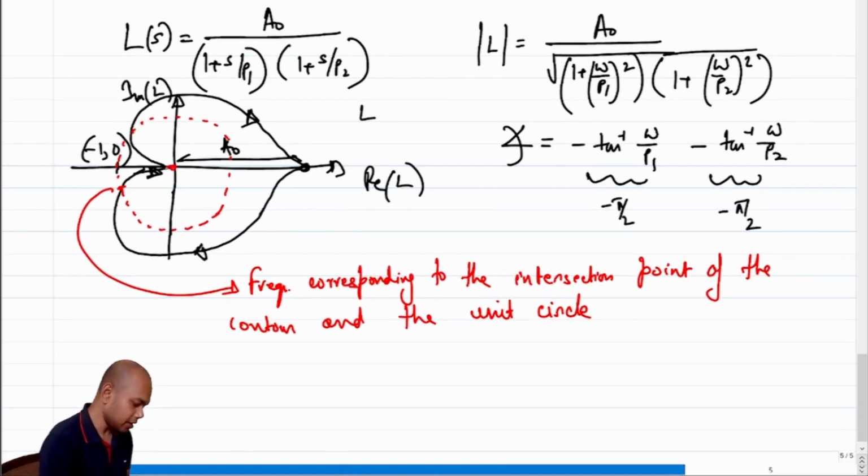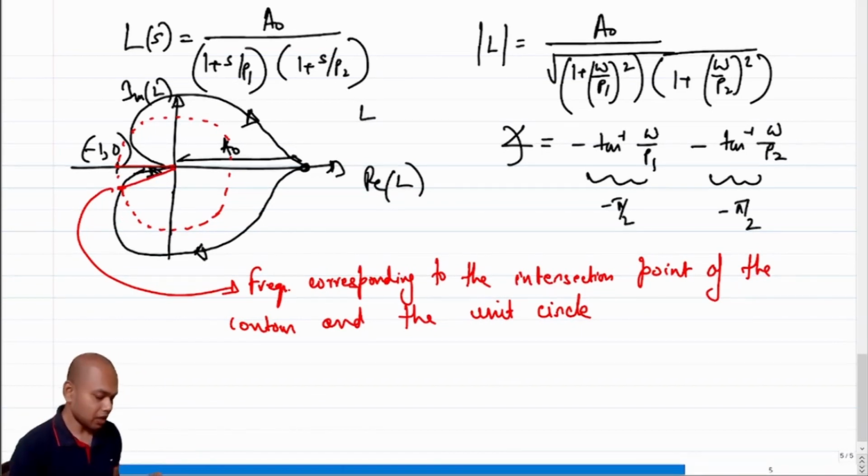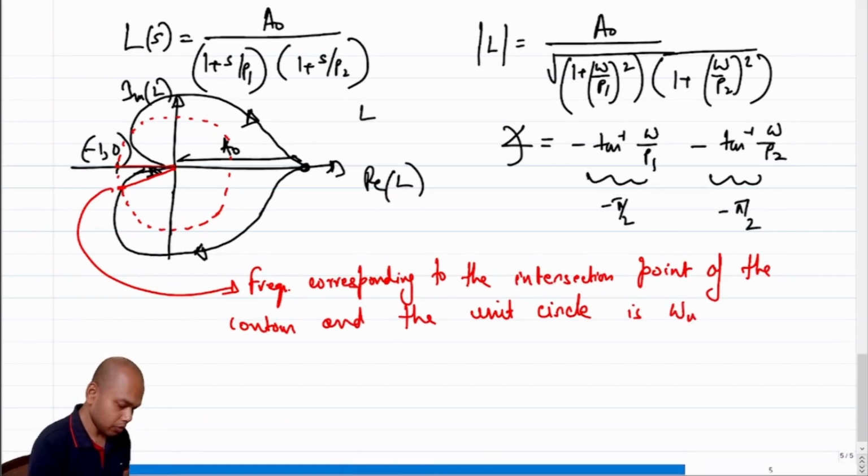What I essentially did in this case is I drew a circle of magnitude 1 centered at the origin, right? So whenever you are cutting this point, what is the magnitude of this radius? This radius is 1. So wherever you are cutting this point, I know the loop gain is 1, right? So the frequency corresponding to the intersection point of the contour and the unit circle is omega u. That we can also get from the Bode plot. And the angle, right?